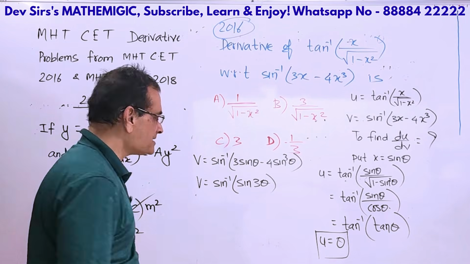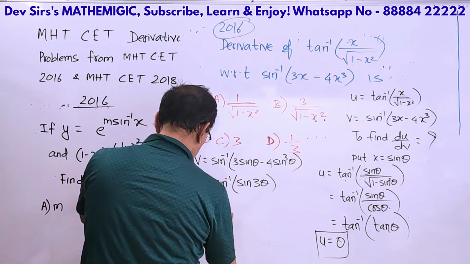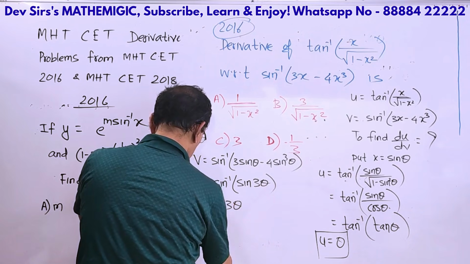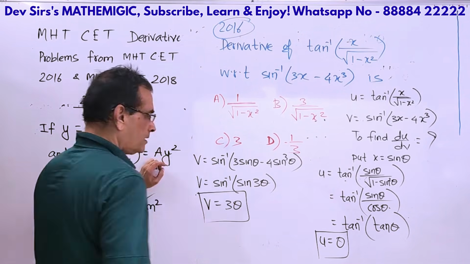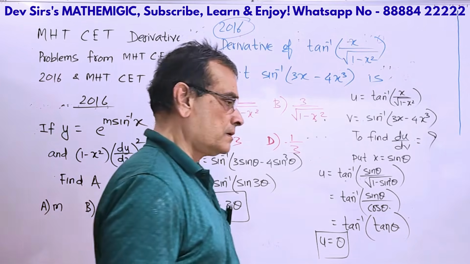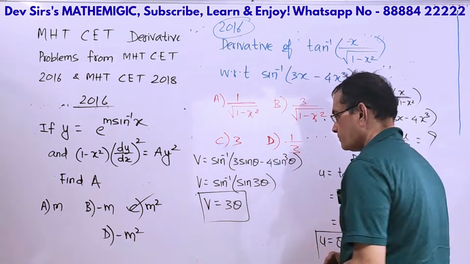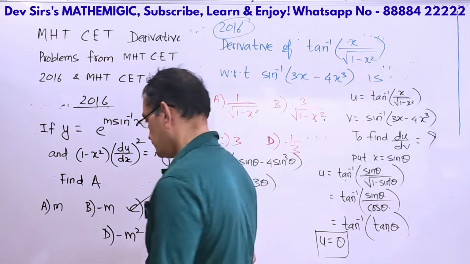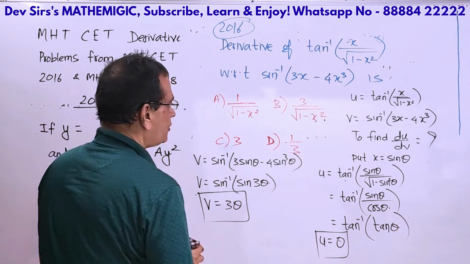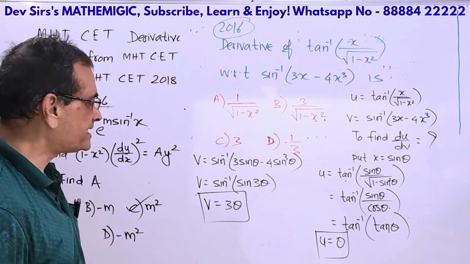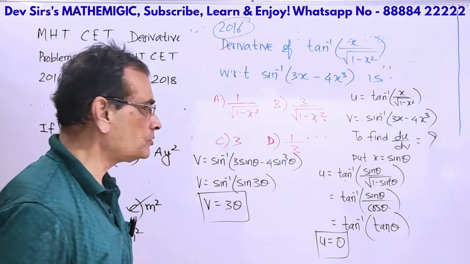Sin inverse sin gets cancelled, you just get v is equal to 3 theta.